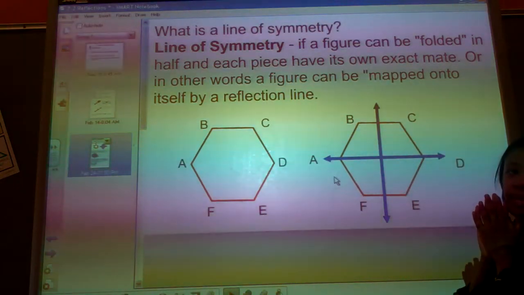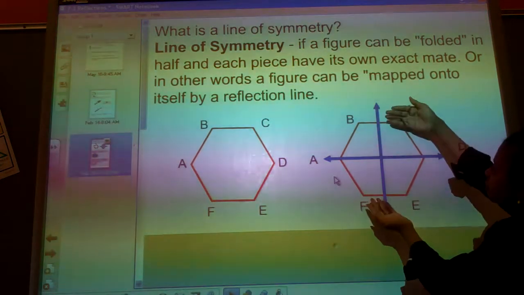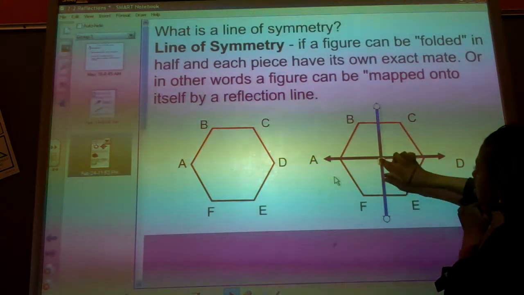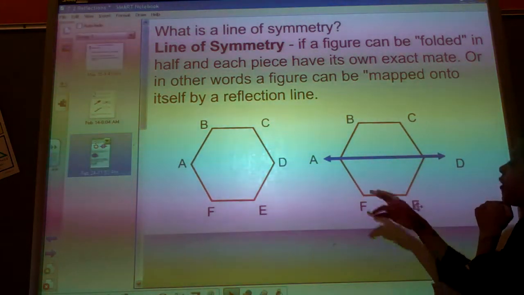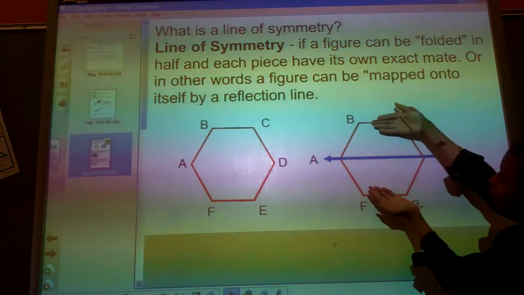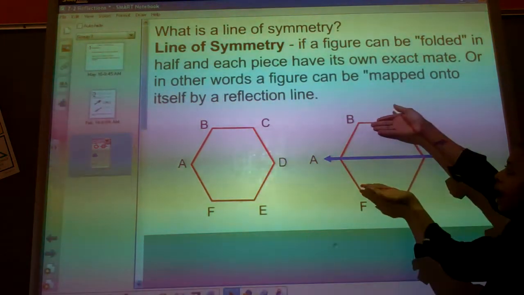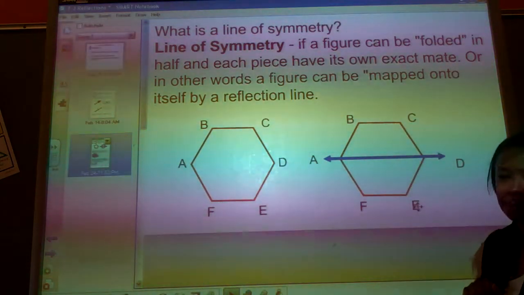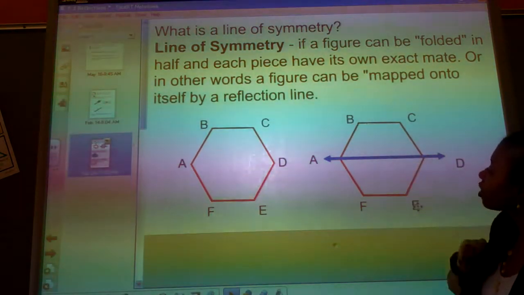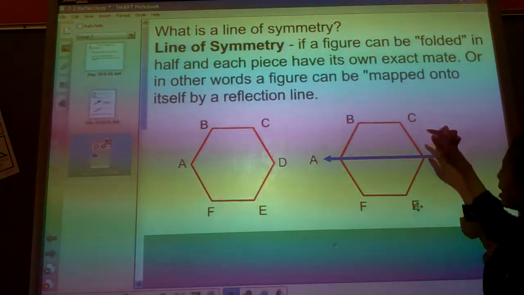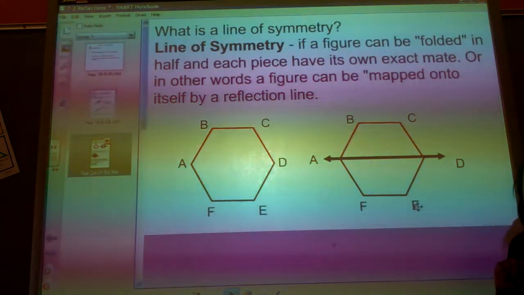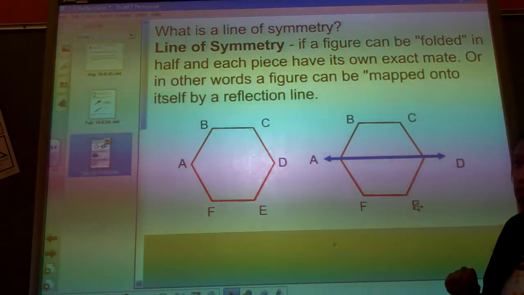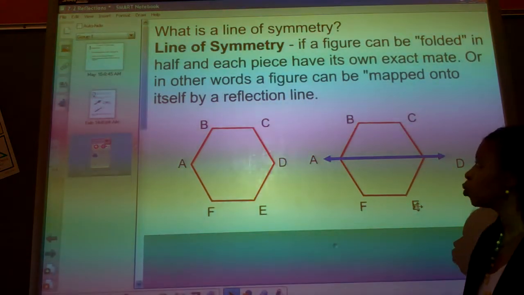If it's folding upward and downward along, and I'm going to delete this one off just so it's a little easier to see. If I have this reflection line and I'm folding it top to bottom or bottom to top, B and F are twins. It has a mate. So there's a line of reflection. C and E are actually twins if I were to fold this downward or upward. Those two are twins.